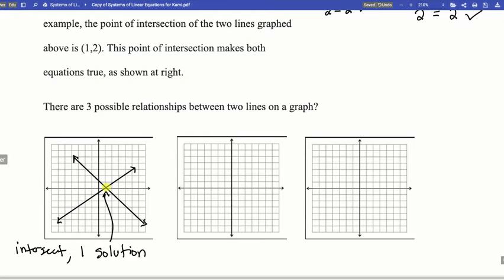All right, there's 2 other possibilities. One of those possibilities is that the lines are parallel.